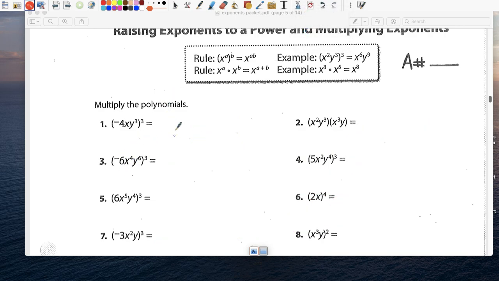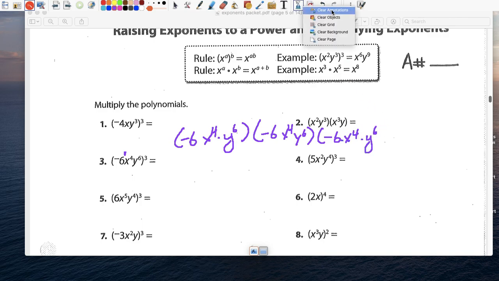All right, so whenever you don't see an exponent, put an exponent. Be careful here because of that negative. This says, I'm not going to do it the expanded way. So it's negative 6 x to the fourth y to the 6, times negative 6 x to the fourth y to the 6.